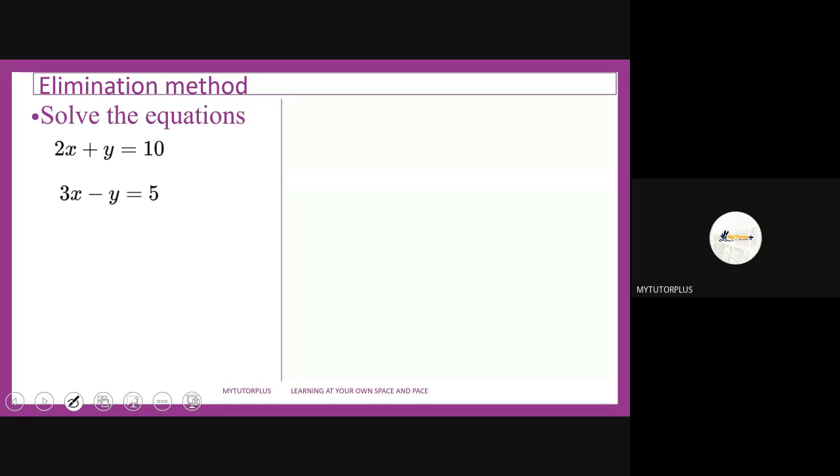Now, if you want to use the elimination method, your first goal is to ensure that in equation 1 and equation 2, either x in the two equations will have the same coefficient, or y in the two equations will have the same coefficient.